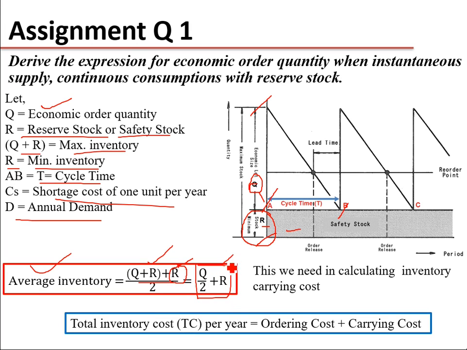Now we are going to see the total cost of the inventory per year. In the total cost, we generally include the ordering cost and the carrying cost. First we calculate the ordering cost, then the carrying cost, then we sum up and solve the equation.